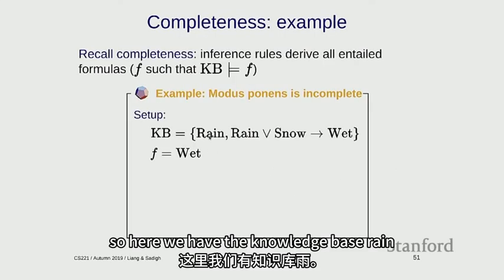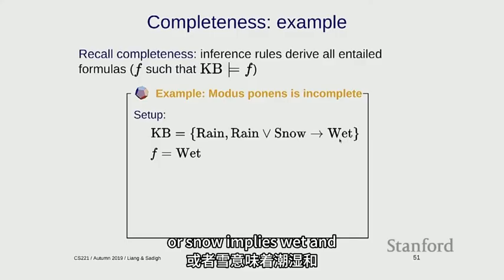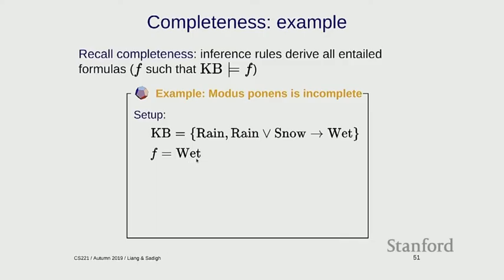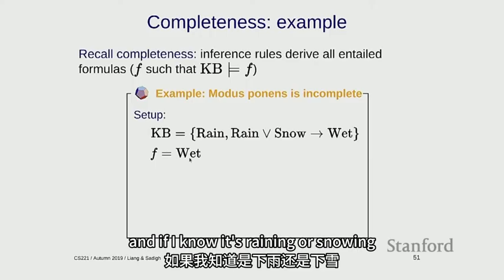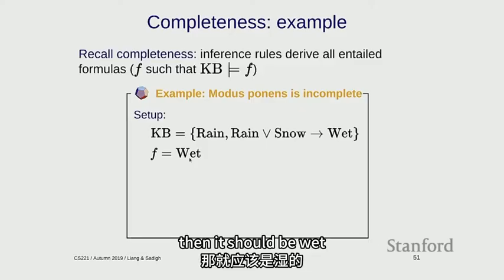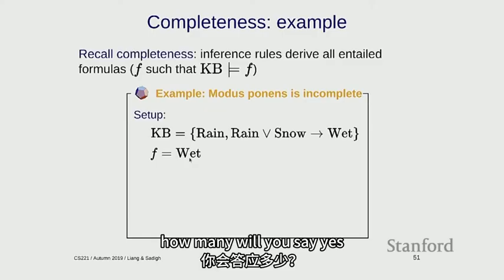So here we have the knowledge base rain, and rain or snow implies wet. And is this entailed, wet? So it's raining, and if I know it's raining or snowing, then it should be wet. How many of you say yes?